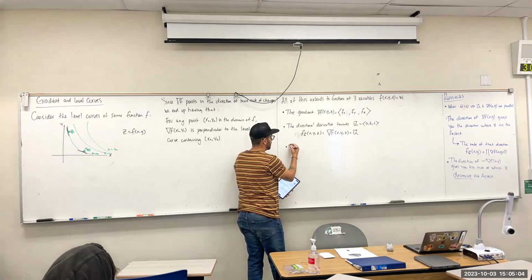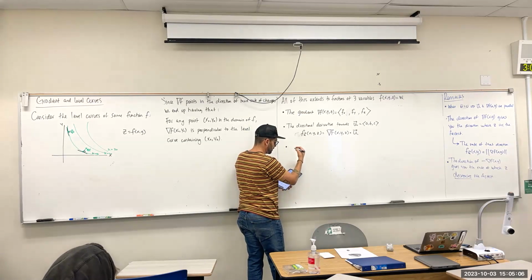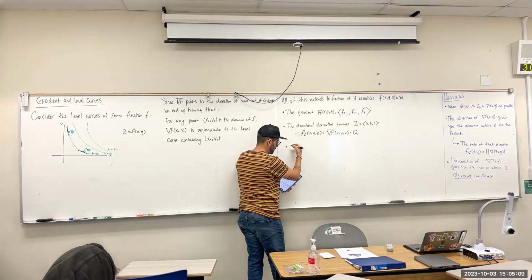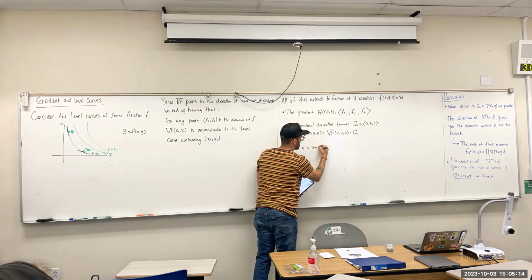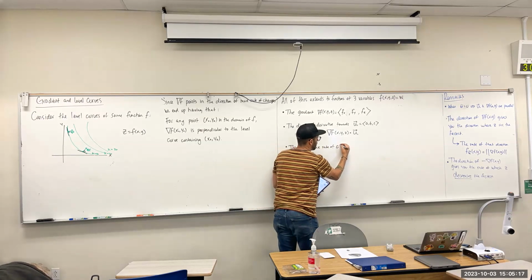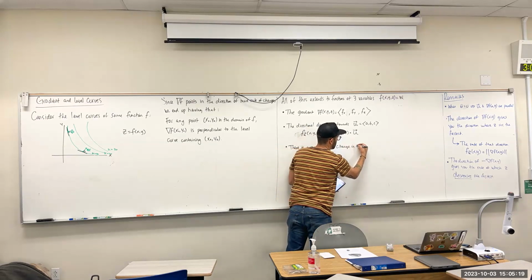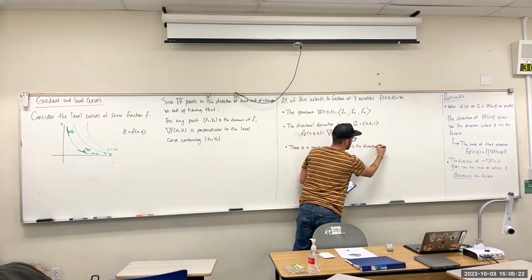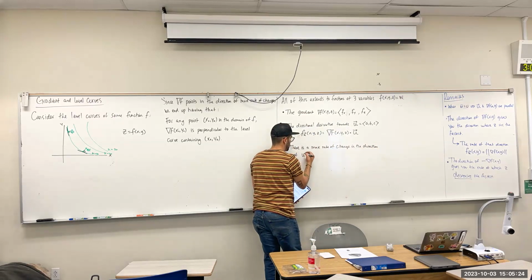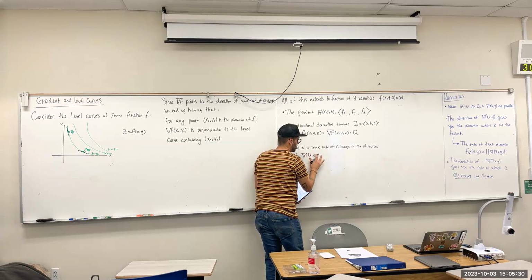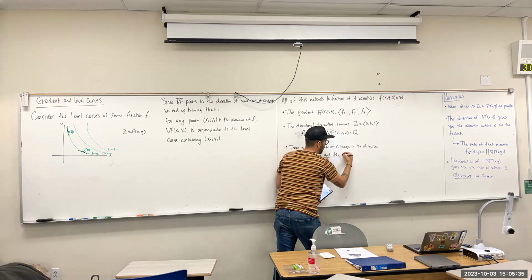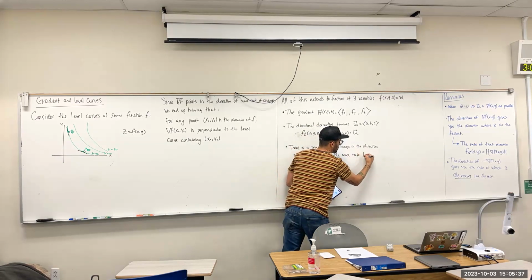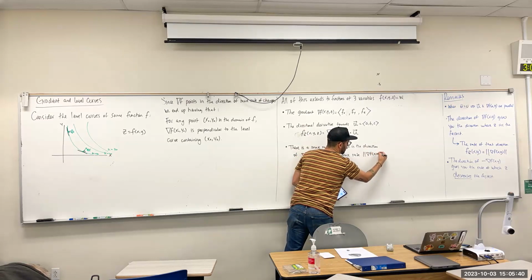So let's write that out. So there is a max rate of change in the direction of the gradient vector still at a particular point, and the max rate is again still just the magnitude of that gradient.